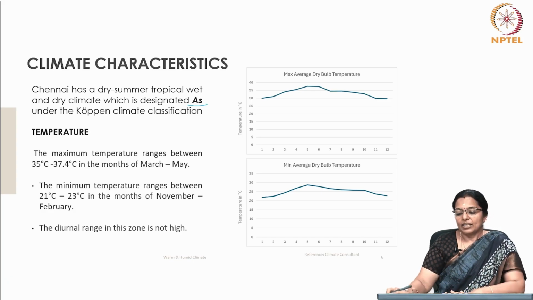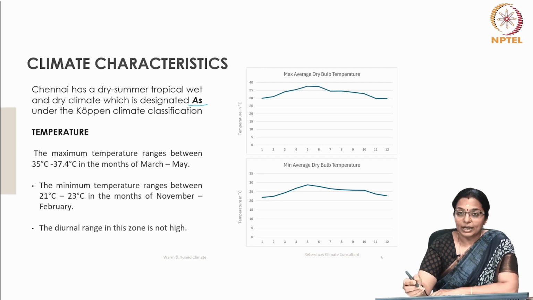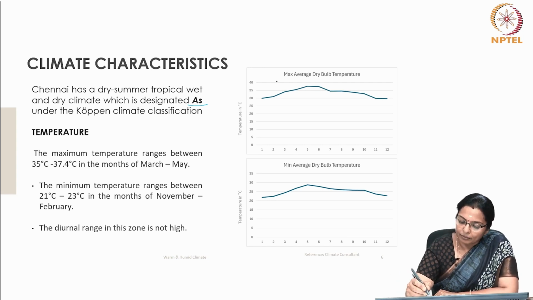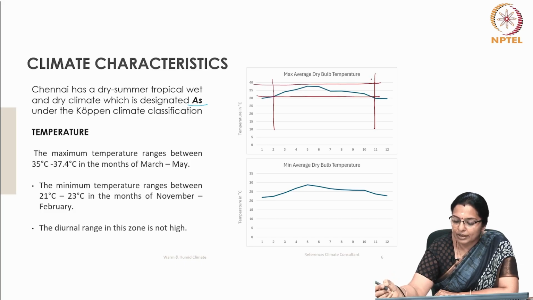If you look at the maximum average dry bulb temperature of Chennai, you can see that for most parts of the year, the maximum average dry bulb temperature lies between 31 to 37.5 degrees centigrade.